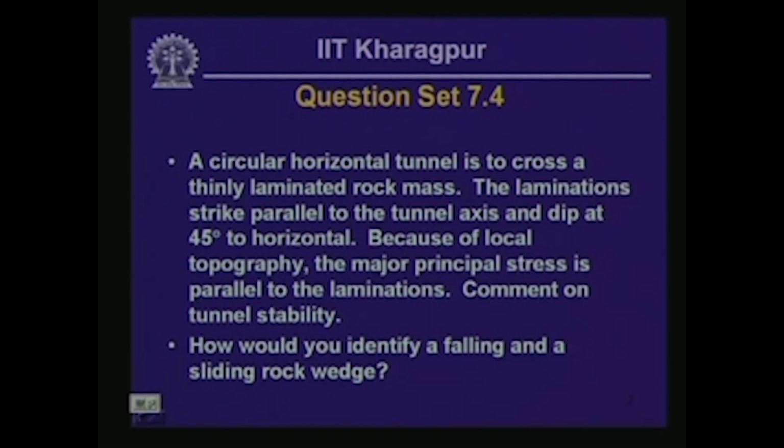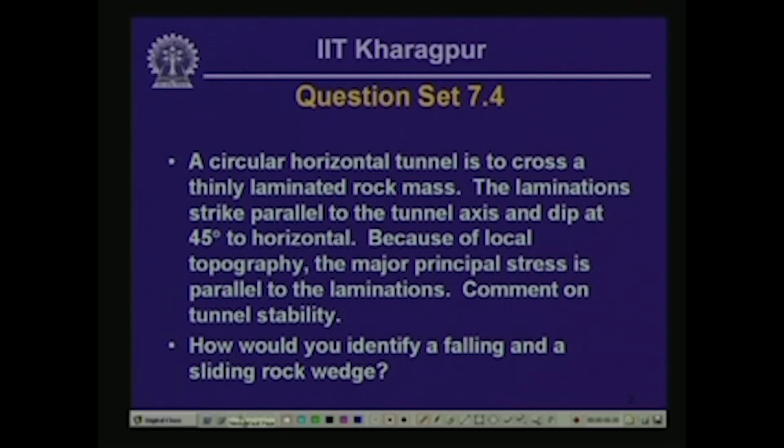You are asked to comment on tunnel stability. Now this problem is quite similar actually to the Nathpa Jhakri headrace tunnel that we discussed when we were talking about geologic considerations of tunnel in the previous lesson.